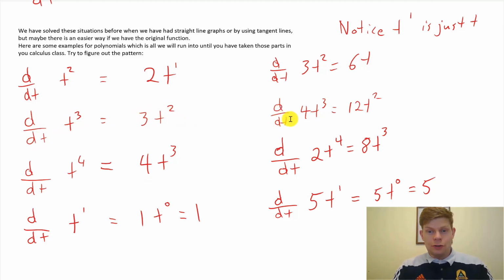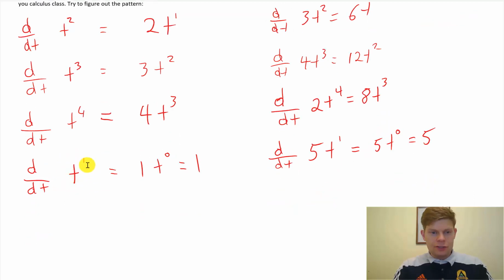Derivative of 4t cubed is 12t squared. How do these guys relate to each other? How did that 4 affect your derivative? Derivative of t to the 4th power is 4t to the 3rd power. Derivative of 2t to the 4th power is 8t to the 3rd power.